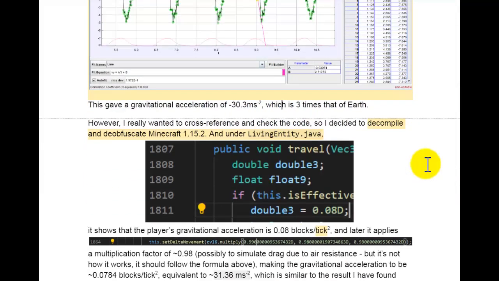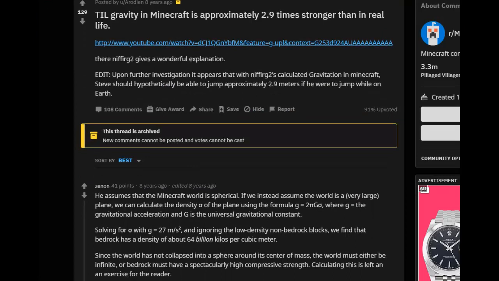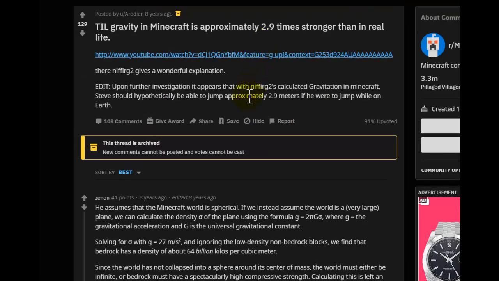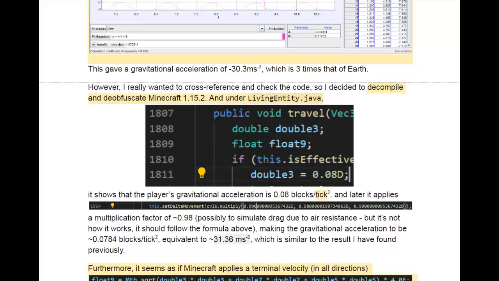I actually tried to look on Google, and I think there are some other people who also used other methods to find out the gravity, which quite coincide with what this student found. Even more, he tried to decompile the program, even though I don't know how you can do that. Is Minecraft an open source software or game? I don't know.